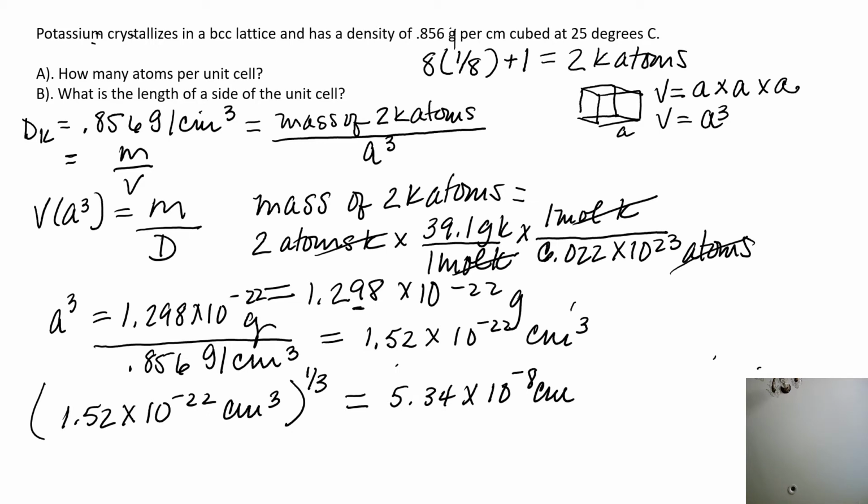It's customary to express these edge lengths in picometers, so I'm going to convert that to picometers. In 1 centimeter, we have 1 times 10 to the 10th picometers. So we have an edge length of 534 picometers.